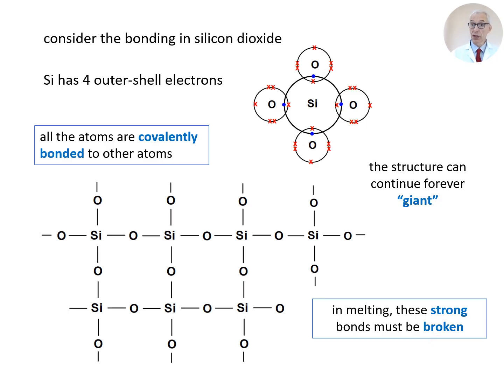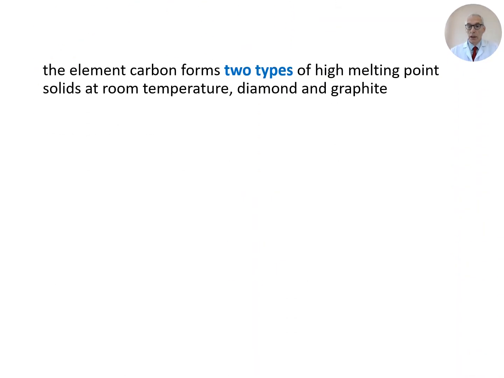And therefore, the melting point of covalent giant structures is very high. The 2 other examples mentioned earlier in the lesson were, of course, diamond and graphite. Now, both of these are forms of carbon, and both have very high melting points.